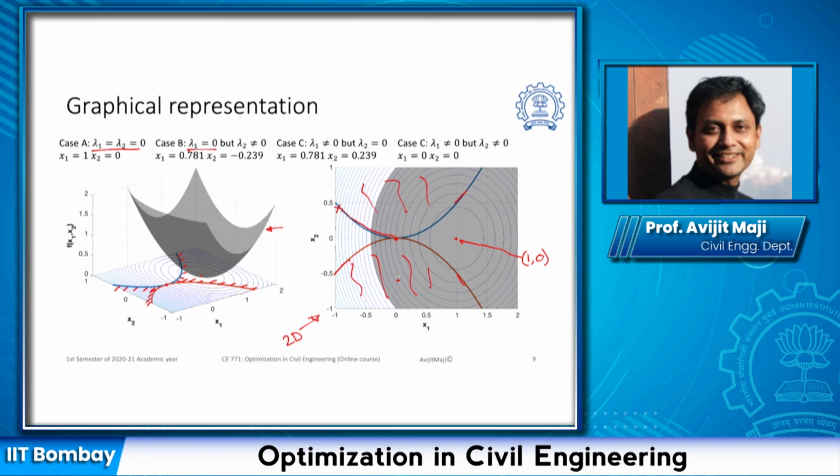So as I said, my constraint 1 is not active, which means suppose this is not there. However, my constraint 2 is active. We obtain the solution as x1 equal to 0.781 and x2 equal to negative 0.239. It indicates a point somewhere very close to here.